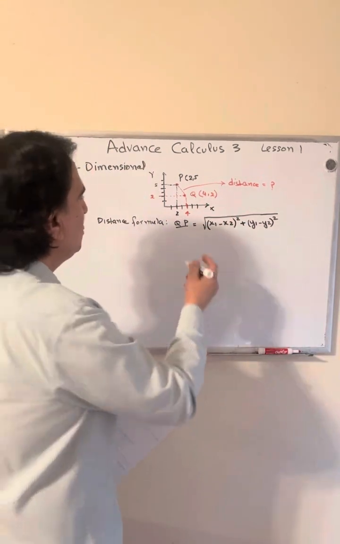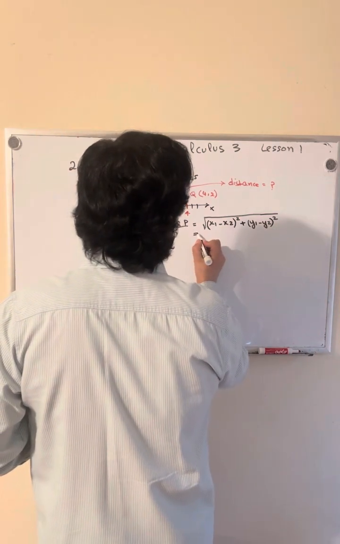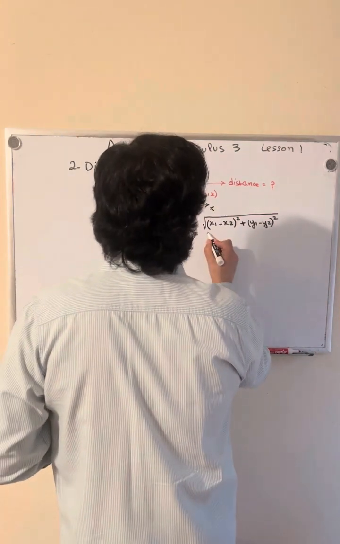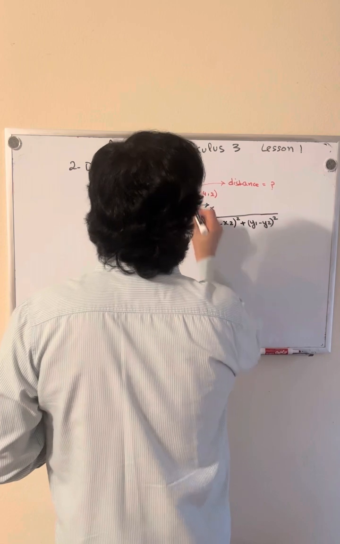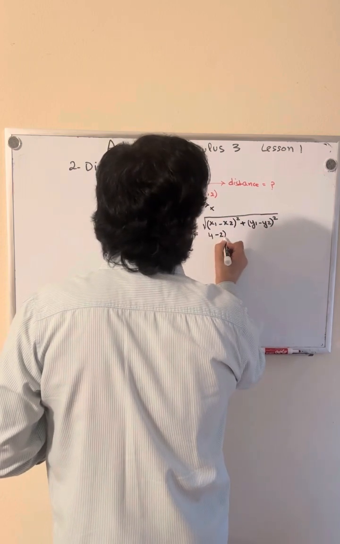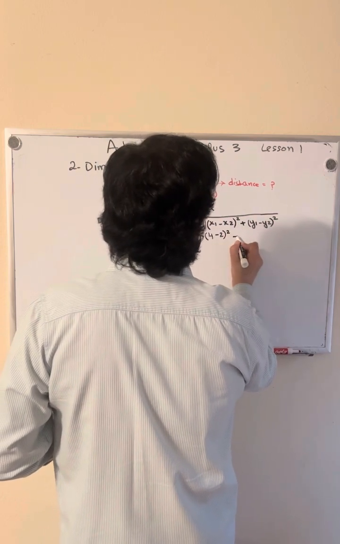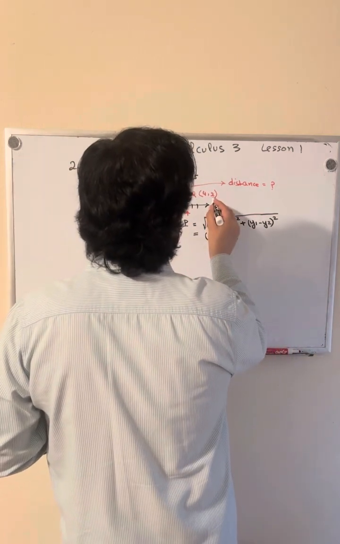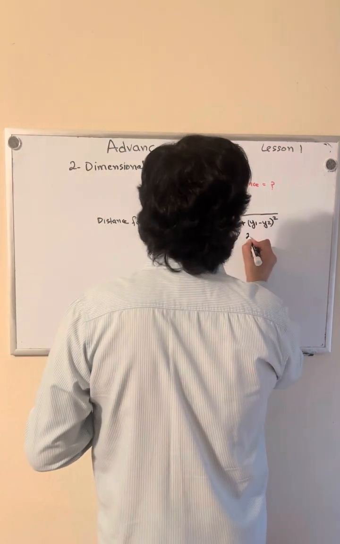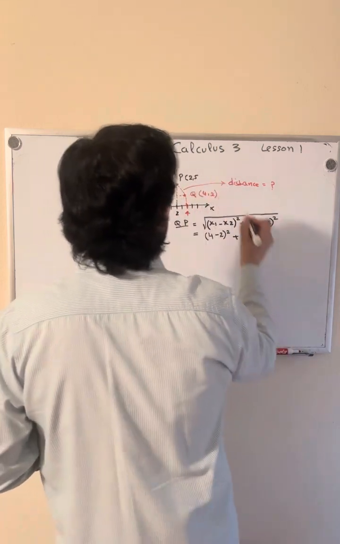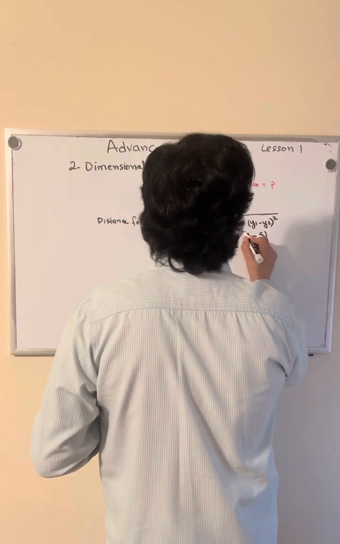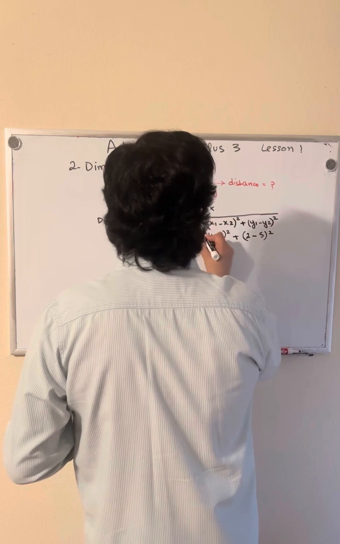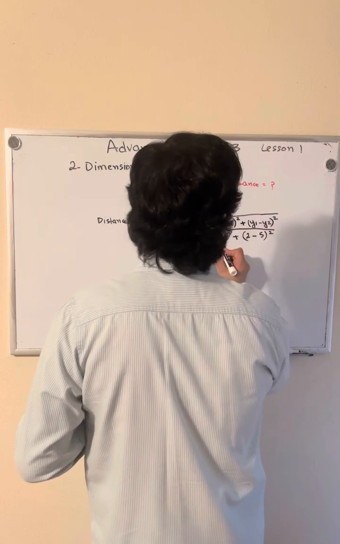Just to let you know, if we do Q first, so 4 minus 2, whole squared, plus y1, which is 2, minus 5, squared. And you take the square root of that, and that will give you an answer.